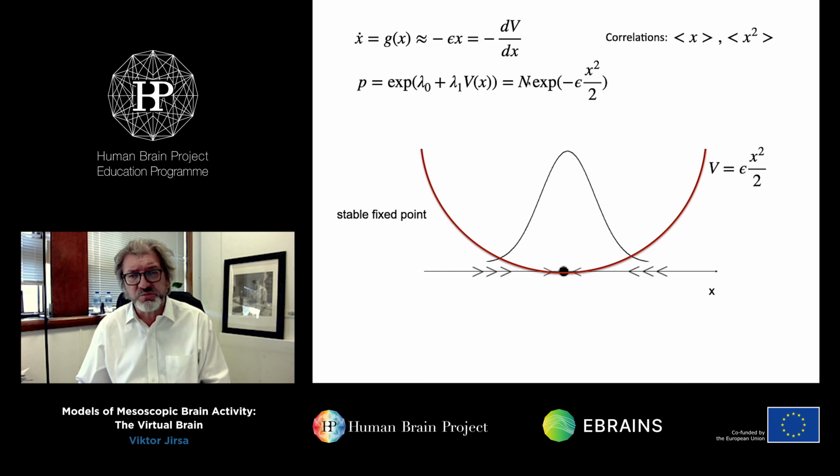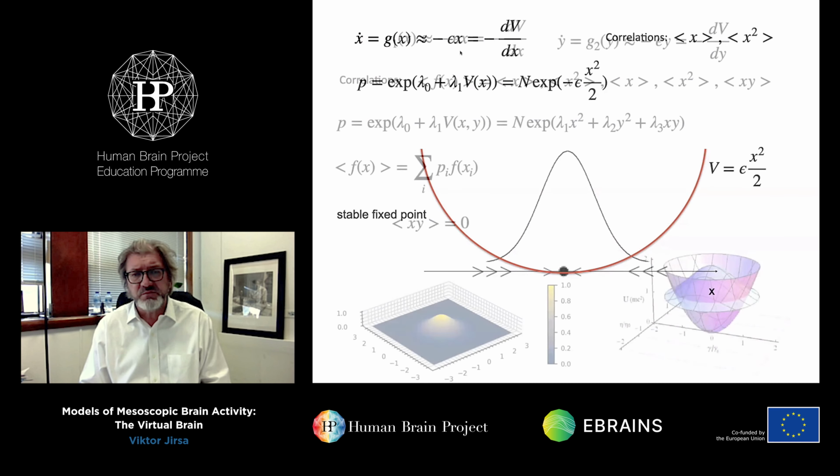And this provides me with a Gaussian distribution, actually. I'm plotting it here. This is a normal distribution, Gaussian. And this provides us with a stationary probability distribution function of a linear system that has a stable fixed point. This is what we have here. And this is the underlying deterministic structure.